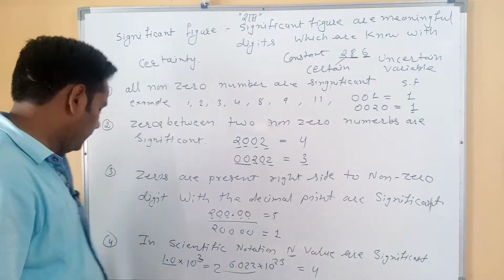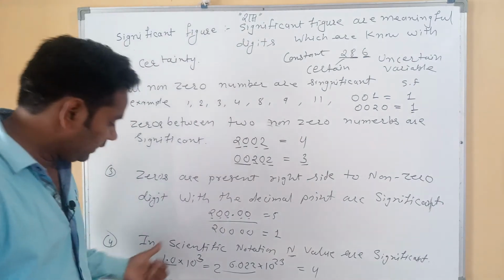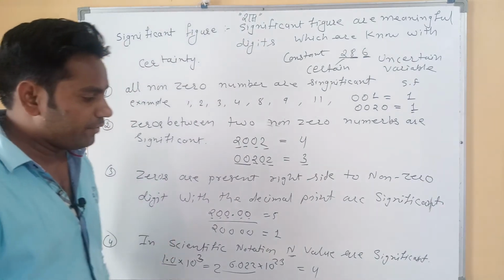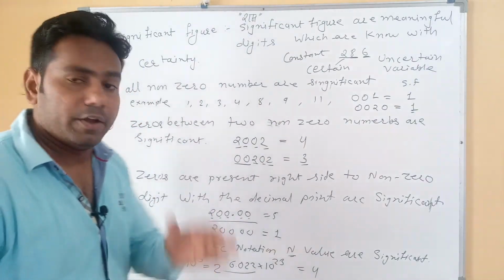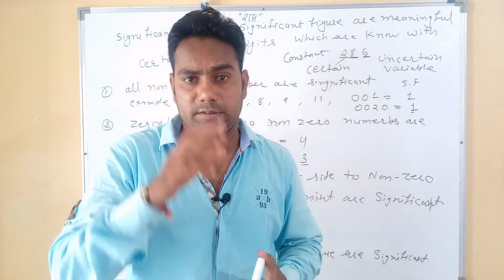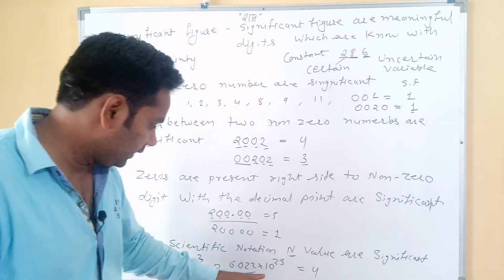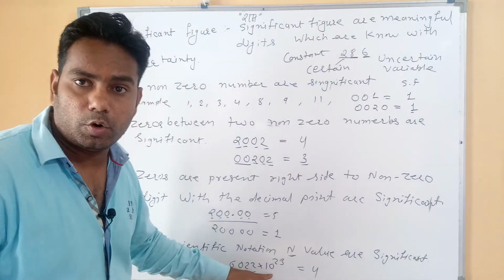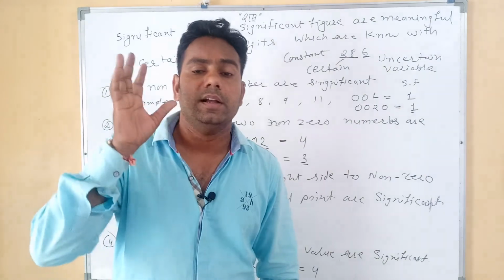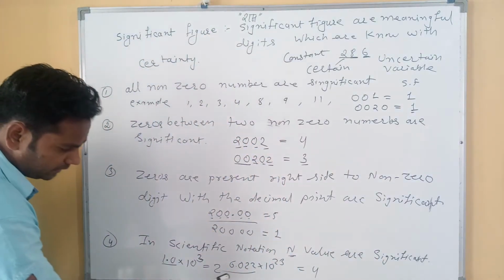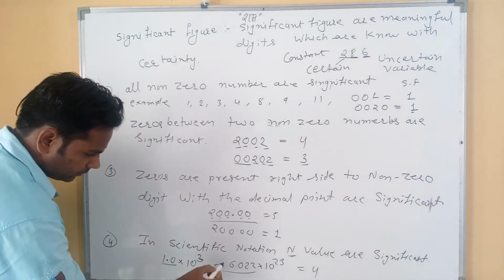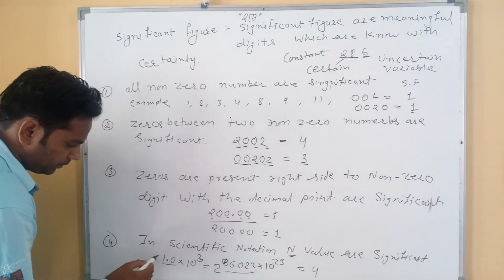Clear? Then our next rule: in scientific notation, only the n value is significant. We do not count the 10 to the power in significant figures. Okay, 10 to the power is not part of our significant figures. So I mentioned here one example. Clear?